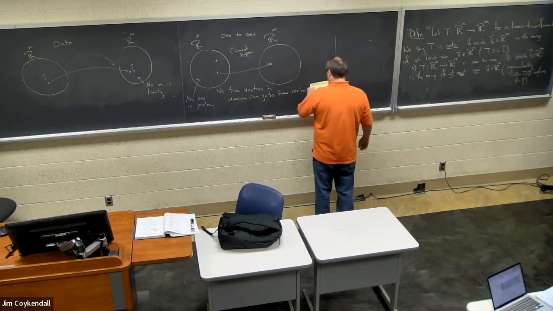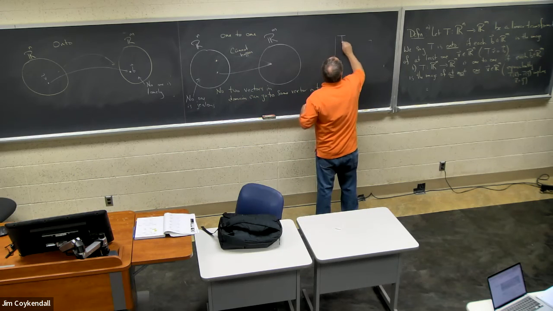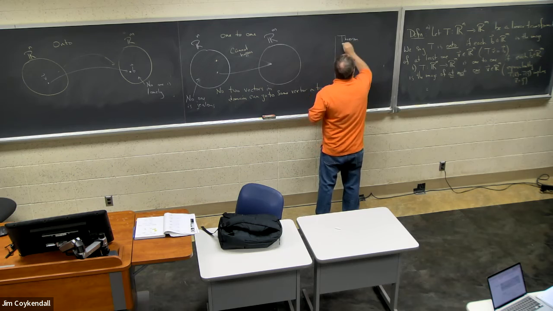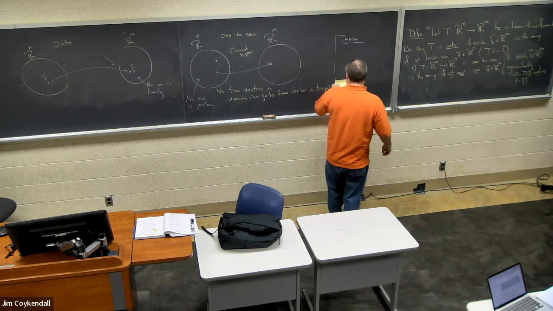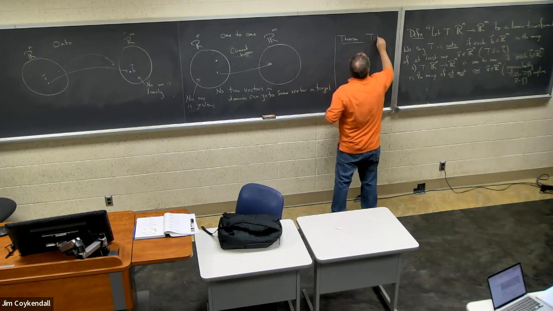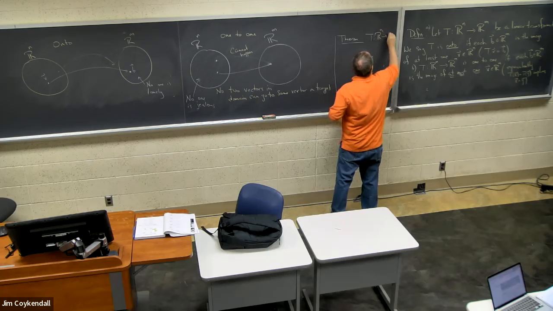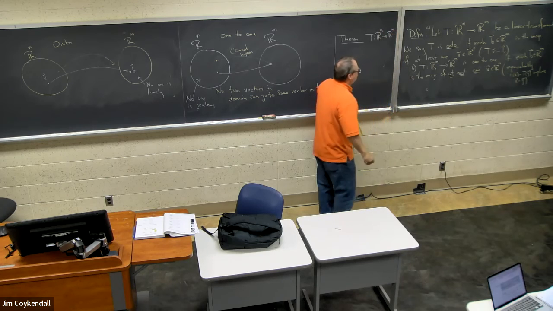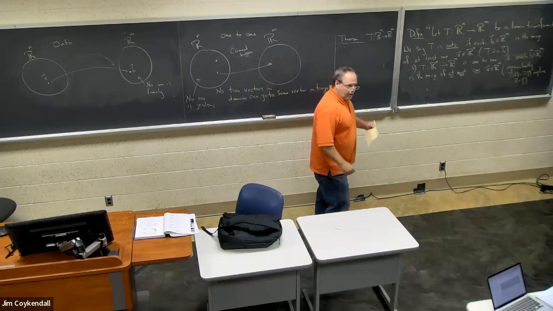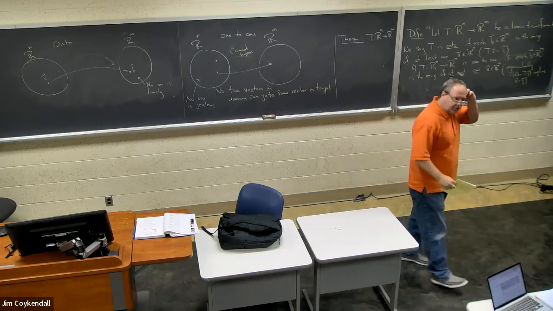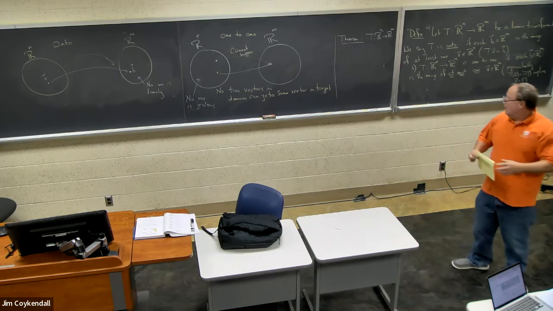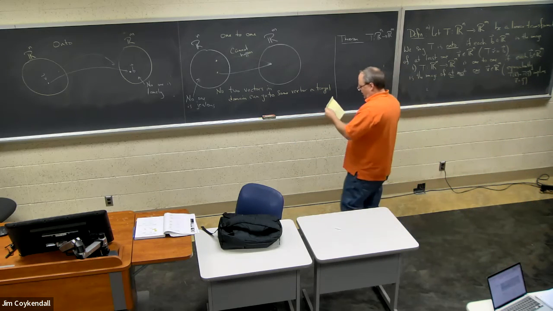So here is a theorem. Three more theorems per day. Let T go from Rn to Rm. This is actually a super useful theorem because it gives you a computational way to determine whether a linear transformation is one-to-one or not.